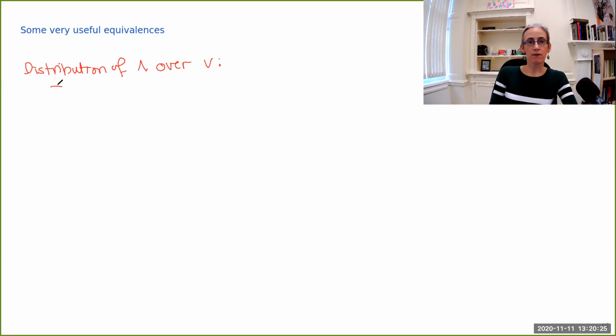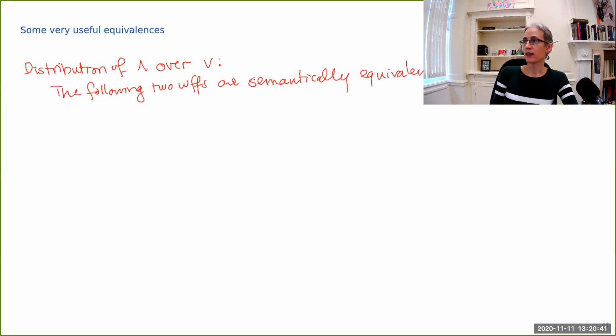So the following two well-formed formulas are semantically equivalent. The first one is: take a conjunction between phi1 and the disjunction of phi2 and phi3. This is going to be equivalent, so I'll just write the double biconditional.